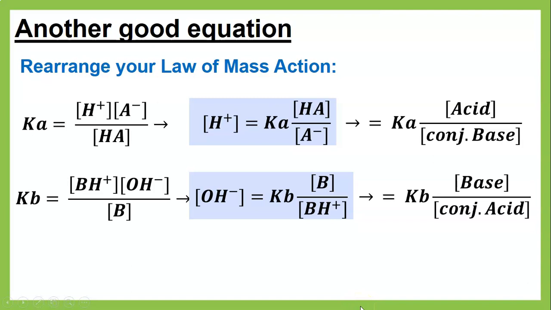If I were you, I would spend some amount of time and effort getting used to the generic versions of some of these equations. You see how we use HA and BH, things like that, because that can also help you recognize the different salts and acids and bases. So these are all great rearrangements to get to the same goal.